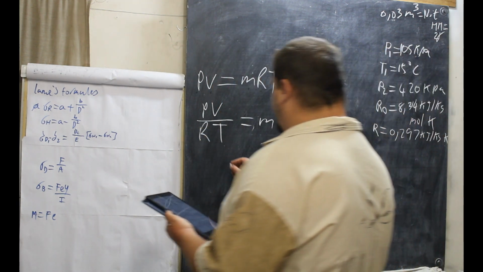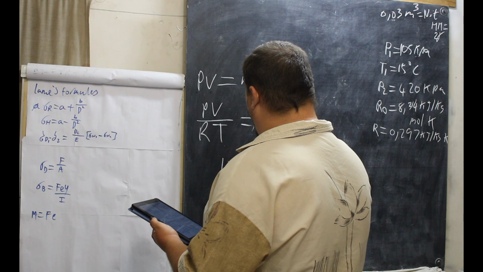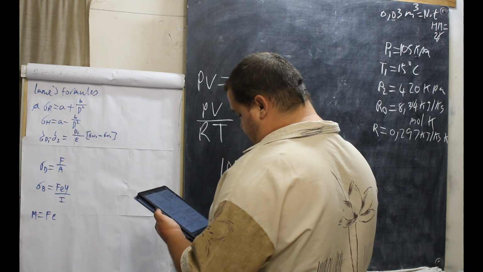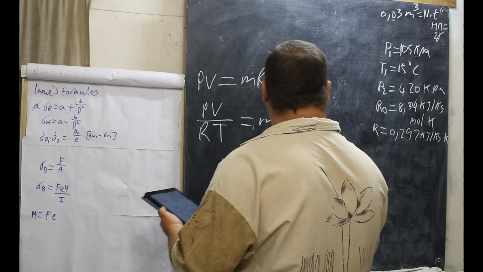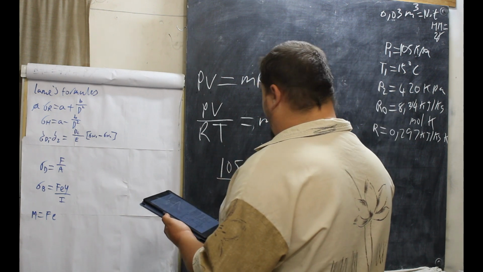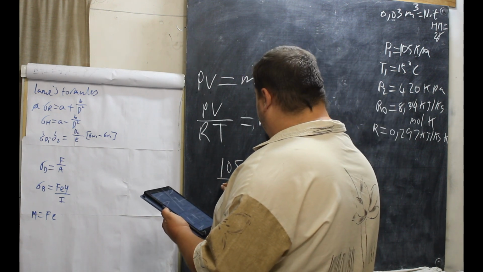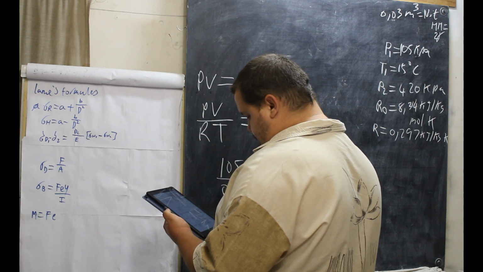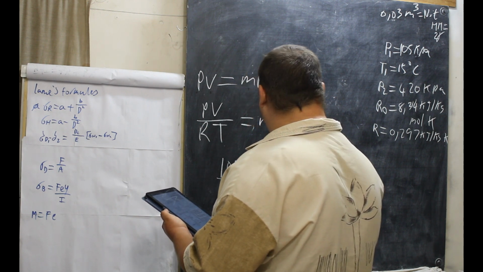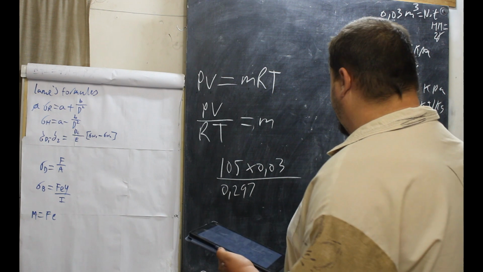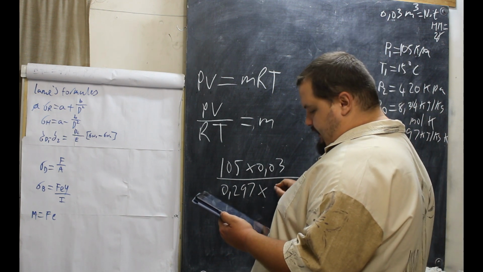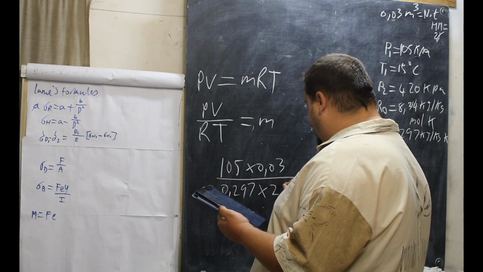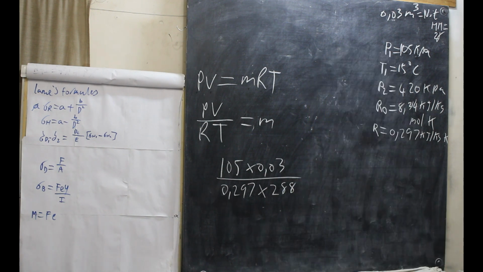So what we have here is 105 times 0,03, because we have our volume, over 0,297, which is R, which we got, and now we need T, times 288 Kelvin. That is 15 degrees Celsius.